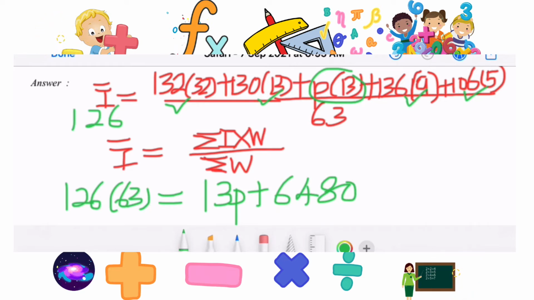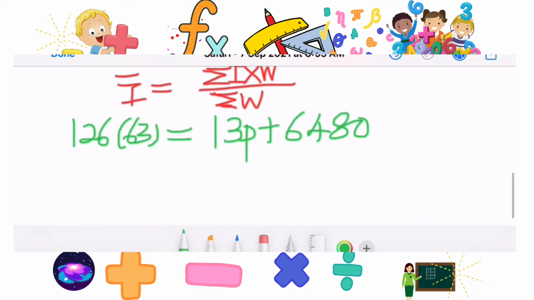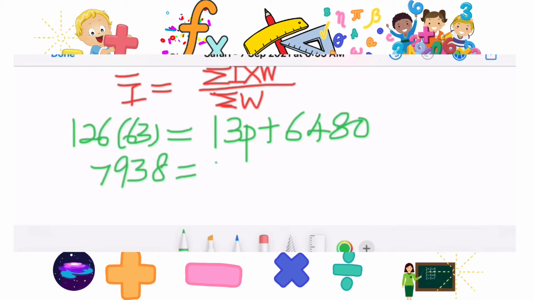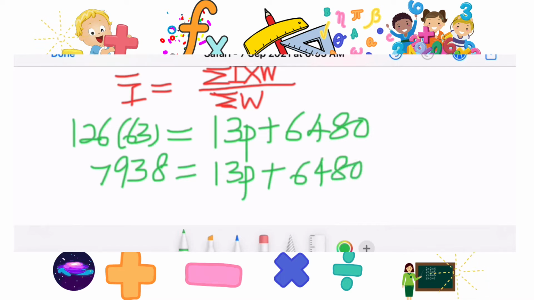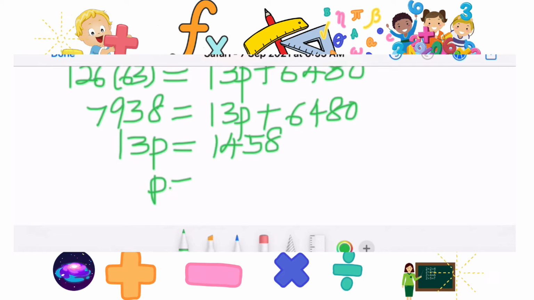Double check: 132 times 32, 130 times 13, 136 times 9, and 106 times 5. Finally, we solve the equation. So this is 7938 equal to 13P plus 6480. Hence, 13P is equal to 1458. So we will get P, which is 112.15.